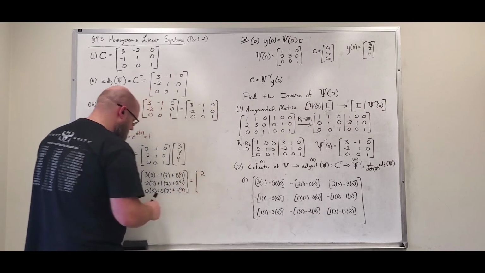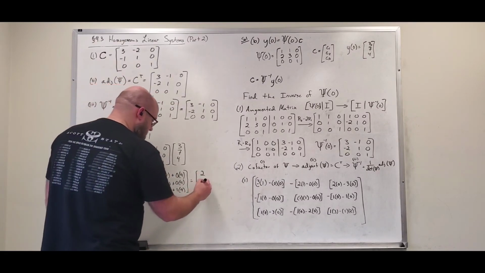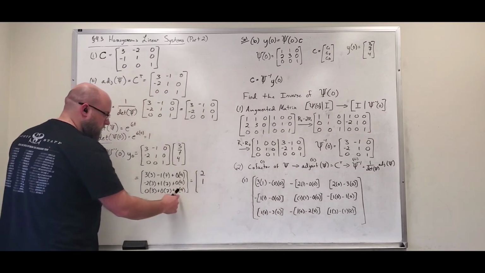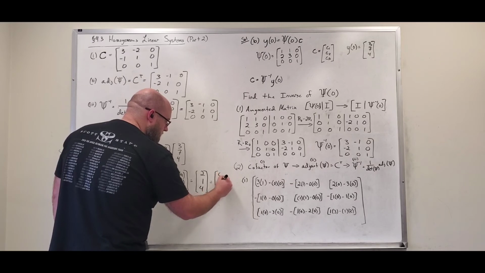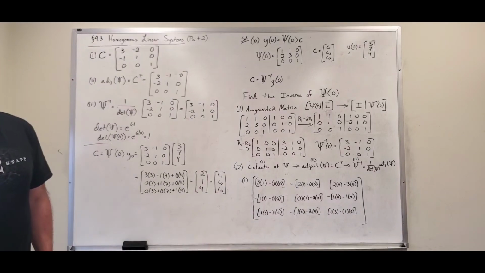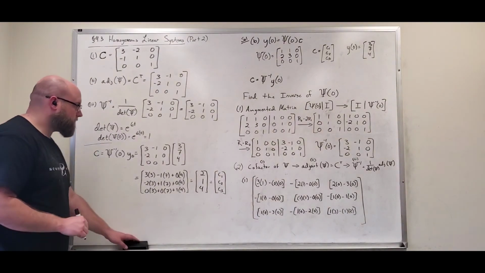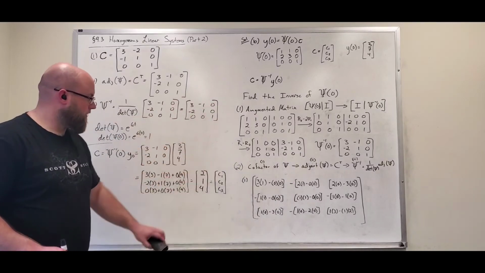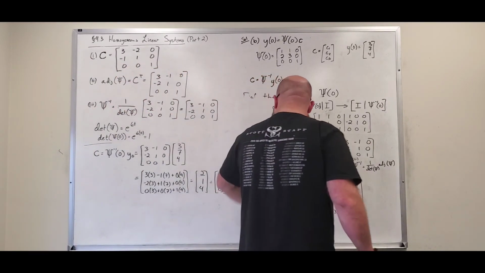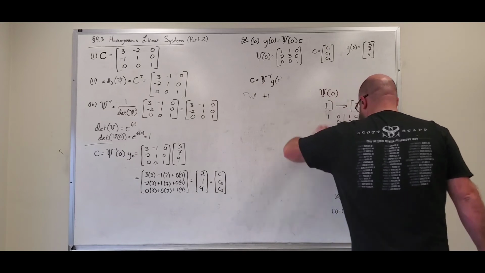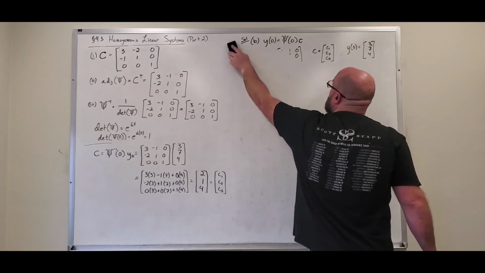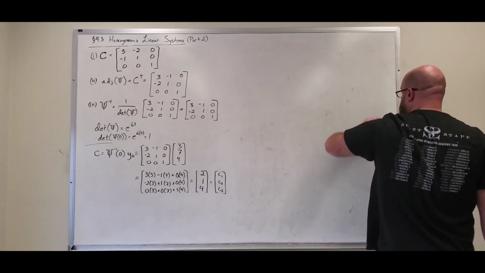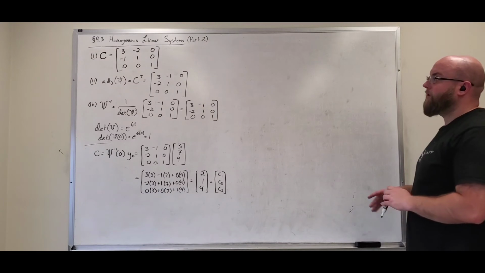Negative 6 plus 7 is positive 1, and then 4, which is equal to C1, C2, and C3, respectively. Now I'm going to erase this part. We have found what our constant values are for this IVP. The reason I went that long way was to show you both ways to find the inverse, so I want you to appreciate one or the other.